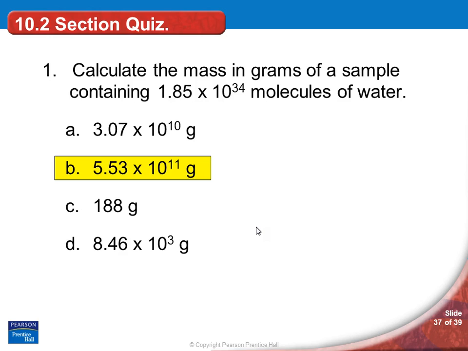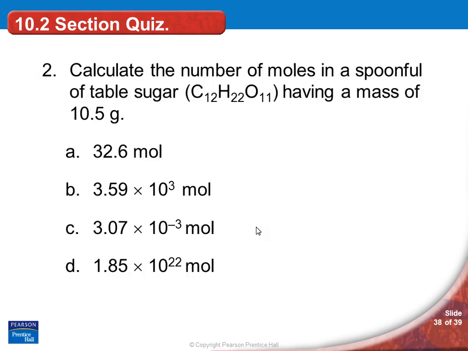All right, so calculate the number of moles in a spoonful of table sugar having the mass of 10.5 grams. What do you do? Divide by the molar mass.